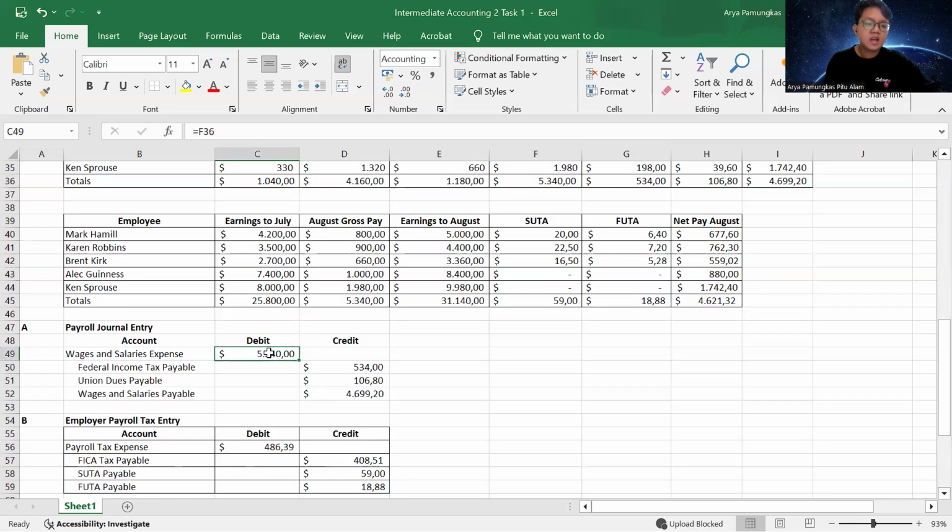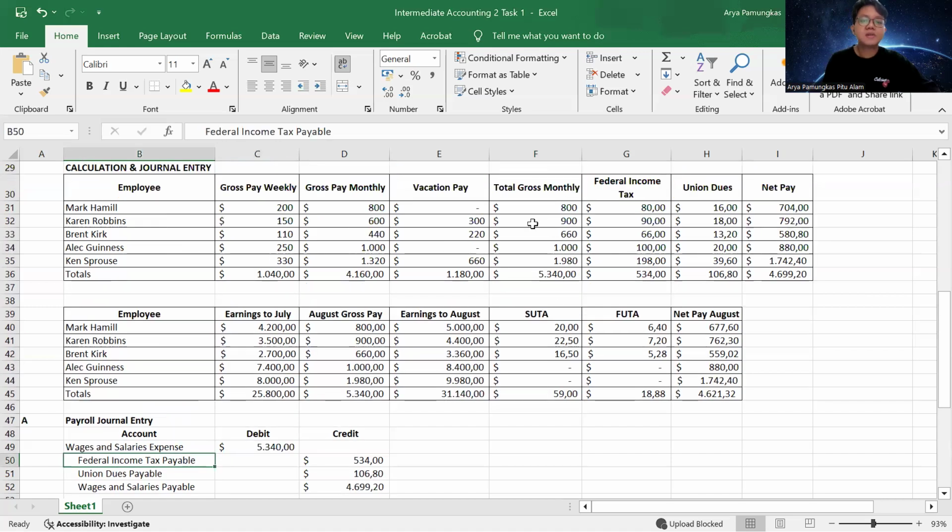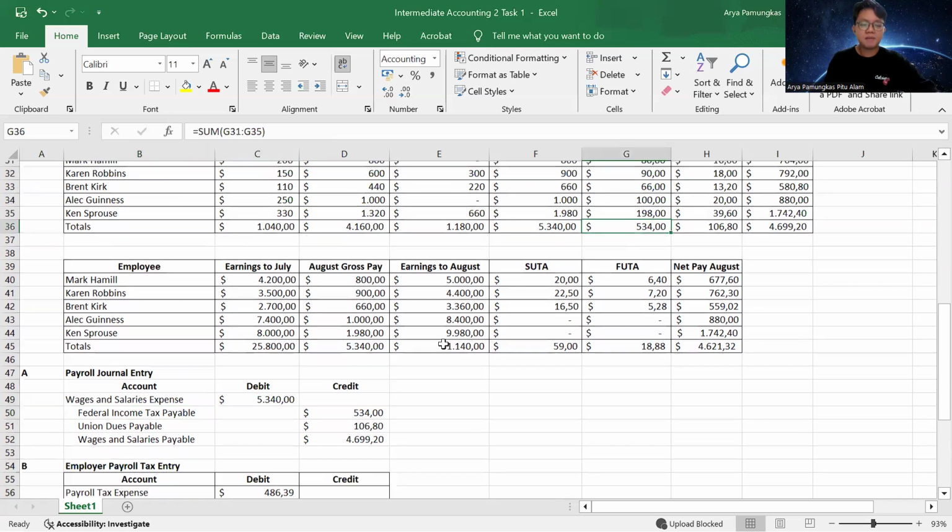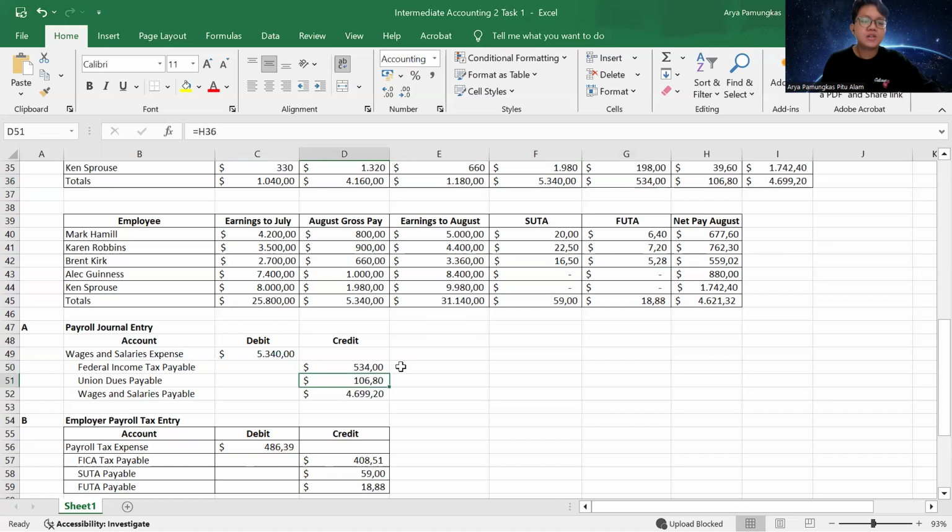So the account wages and salaries expense would be on the debit for $5,340. And for the credit, there are federal income tax payable, union dues payable, and lastly, wages and salaries payable. As for the federal income tax payable, we are getting this from our calculation before, which already sums up all of the employees, and also the same for the union dues payable.